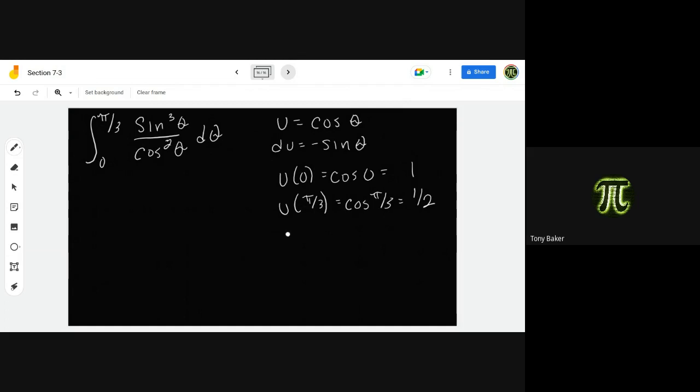And then don't forget, we also have sine squared theta is 1 minus cosine squared theta. So this becomes 1 to 1/2, the negative sign out in front.